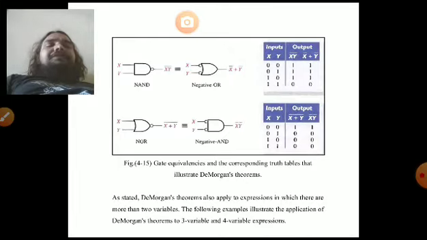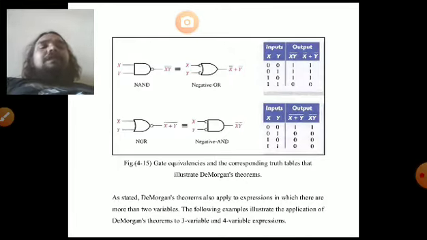Second condition: x is equal to 0, y is equal to 1, and negative AND gate x bar dot y bar, answer is 0.